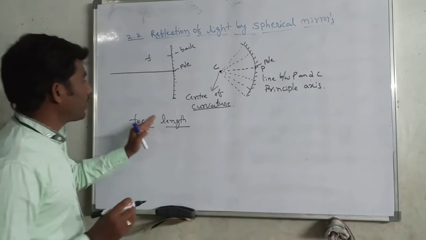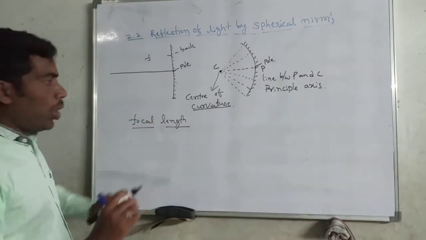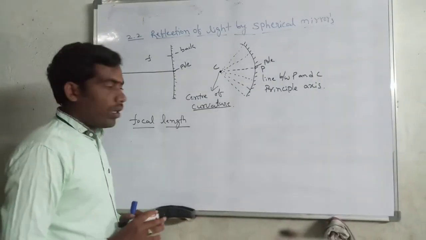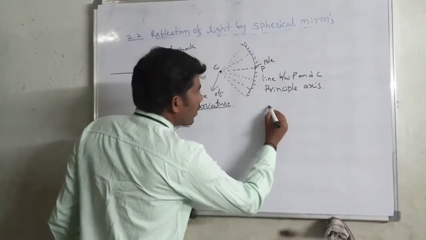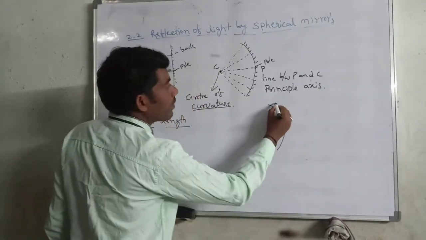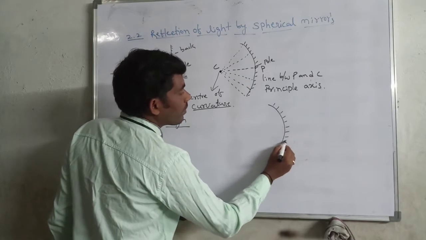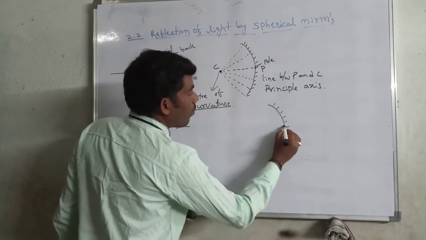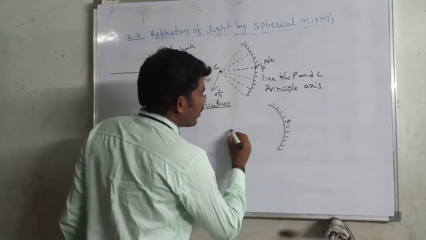Suppose we take a curved surface. This is the pole and this is the center of curvature.